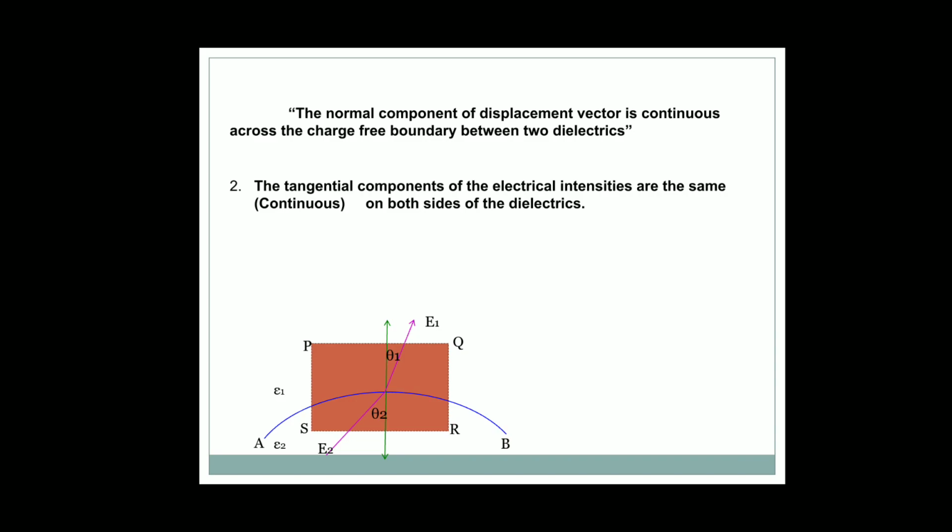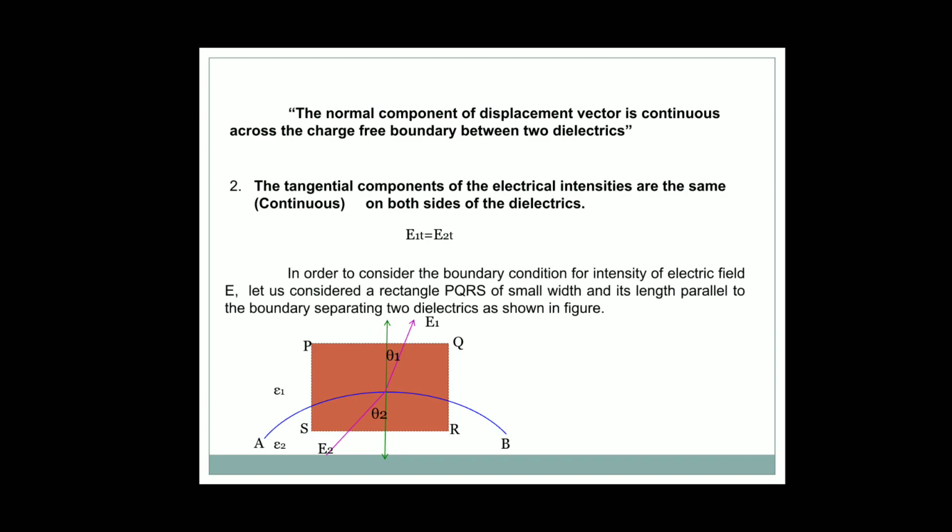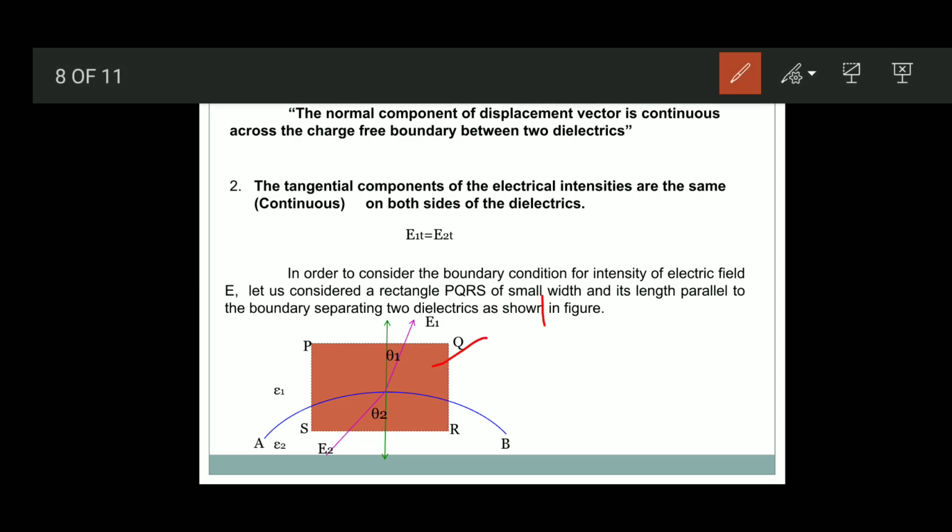Here we take PQRS as a rectangular shape, and AB is a boundary line separating the two media. This is medium 1, this is medium 2, separated by this boundary AB, where E1 and E2 are the intensities of electric fields in the two media, and they make angles theta 1 and theta 2 with the normal drawn to the boundary.